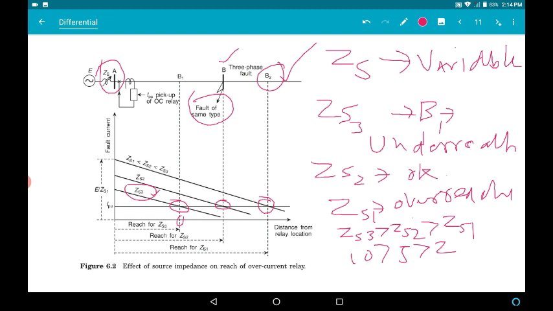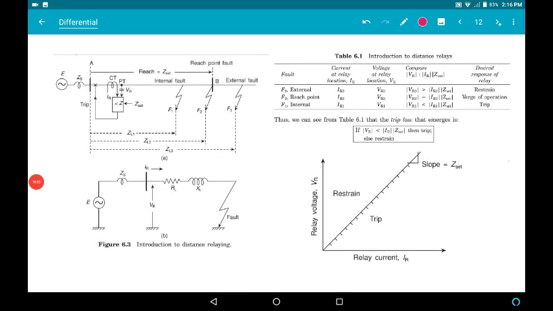And again, this is a problem case for the overcurrent relay. If you want to protect a particular range, I just want to protect A to B, I do not want anything beyond this or below this, but the simple overcurrent relay fails in this case. So students, you have seen how the simple overcurrent relay is failing to protect the system because of the different distances and different kinds of faults.